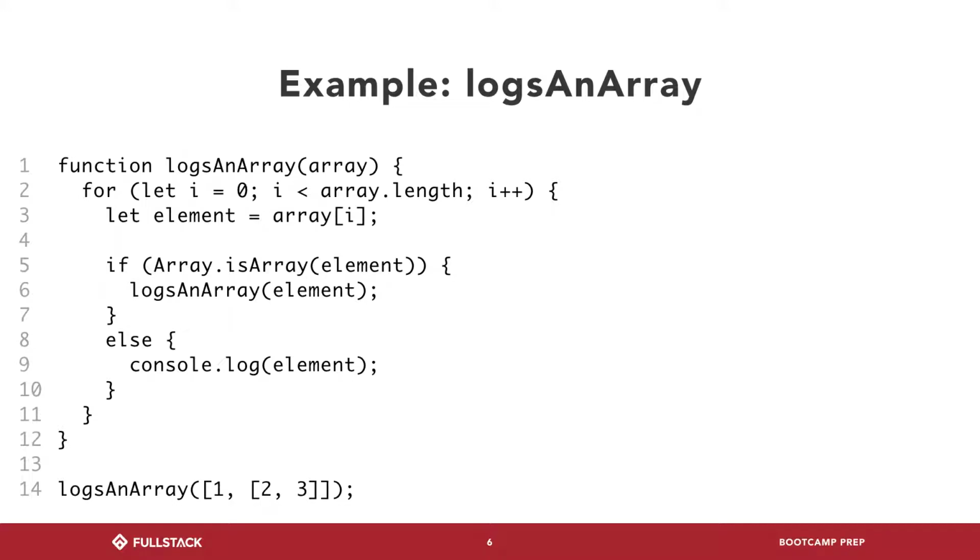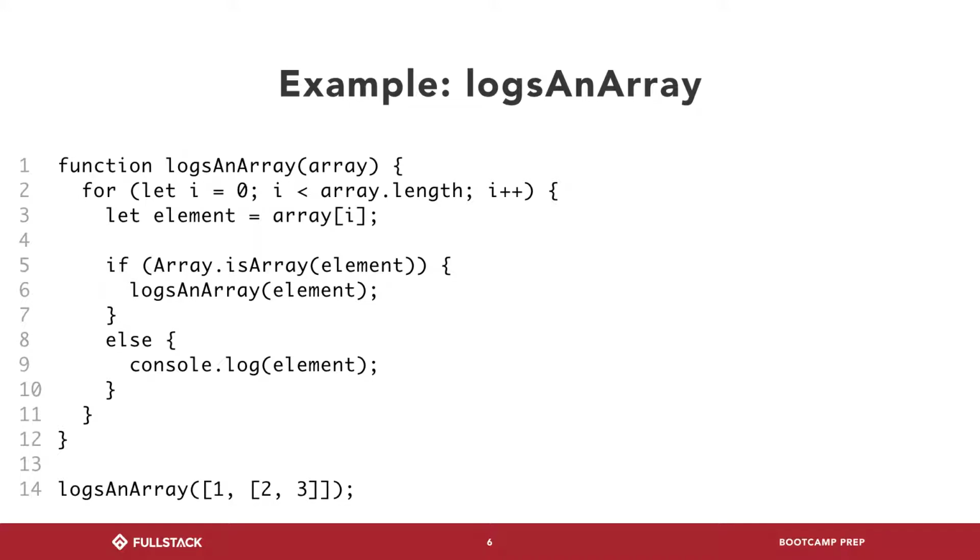So when we go back to the top of our function, array is an array of 2, 3, and we then do this process all over. We say, all right, let's iterate through everything in this array. What's the first element in this new array? 2. And is that an array? No, it's a number. Great. Let's log it out. All right.